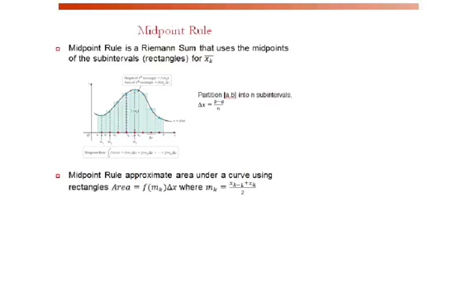So the midpoint rule is basically, like I said, a Riemann sum where we're using rectangles and you're slicing up or partitioning into subintervals, and then you're finding the area of all the rectangles and summing them up together. But you're going to use the midpoint of the subinterval to determine the height of the rectangle.